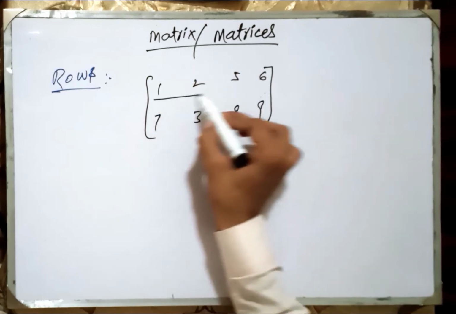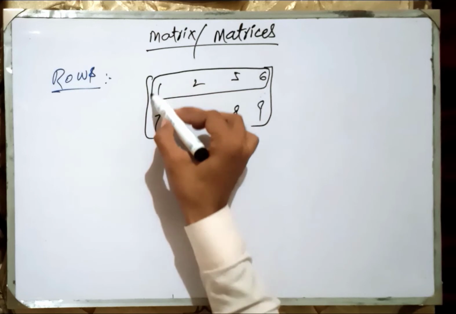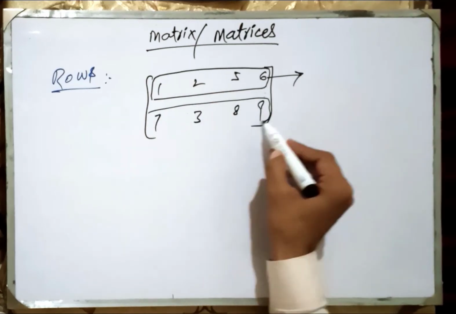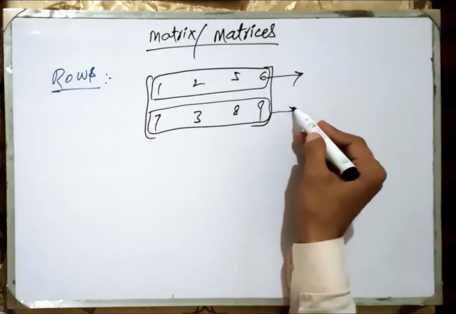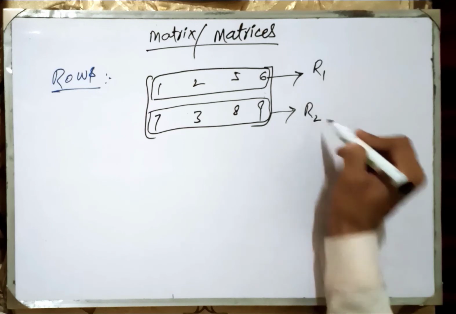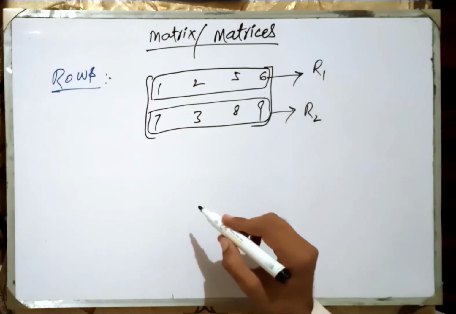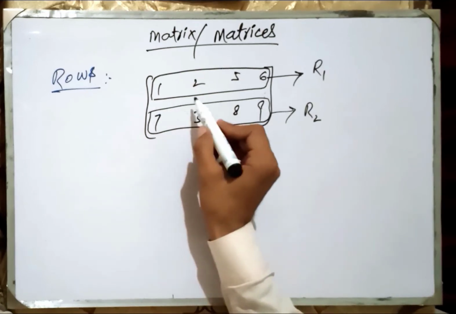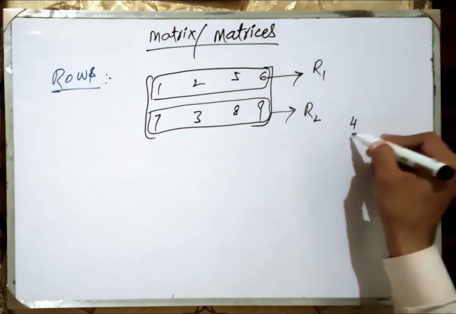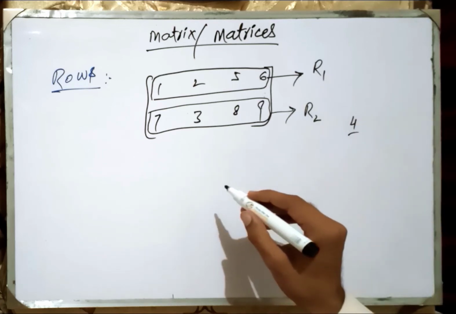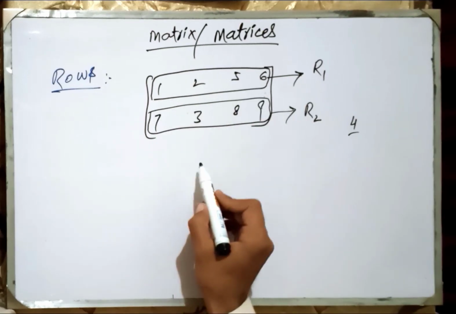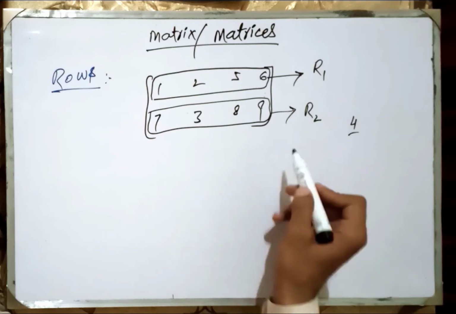Here these horizontal entries are called rows, and this row is called row 1 and this row is called row 2. Here the number of elements in R1 and R2 are 4. The thing which we have to notice is that the number of elements in the rows are the same. There is no change in the number of elements.